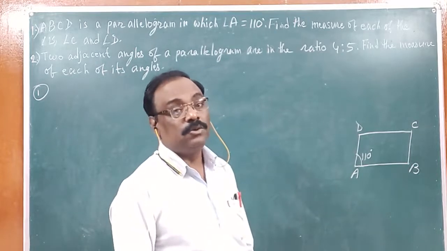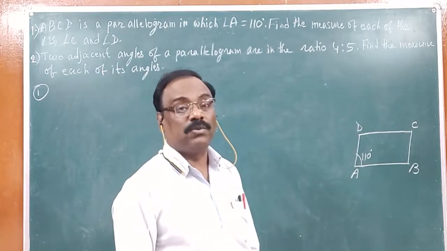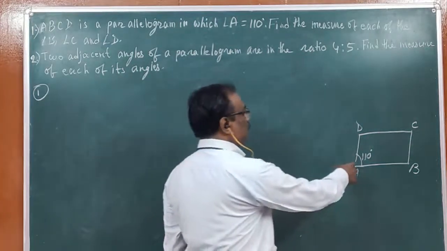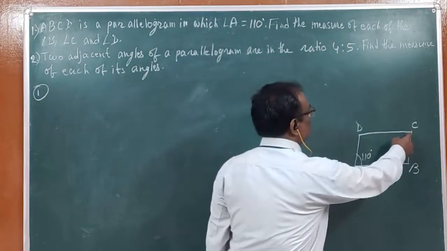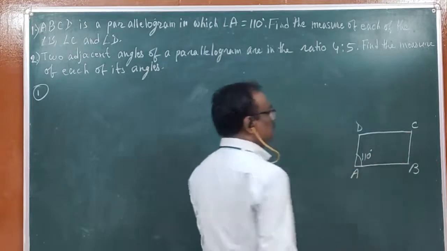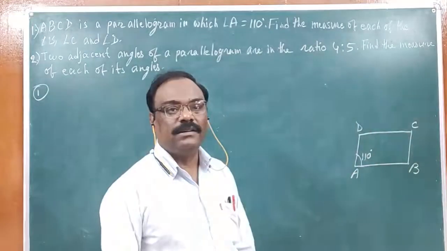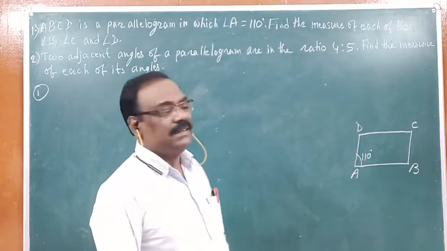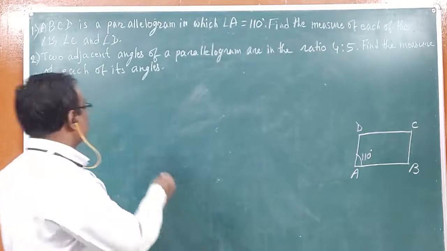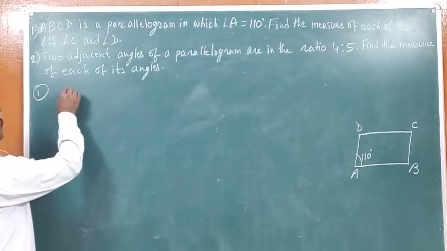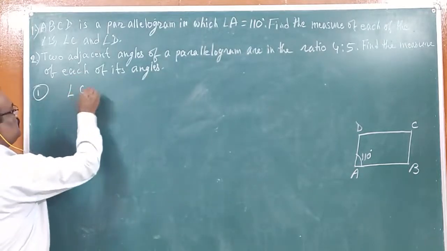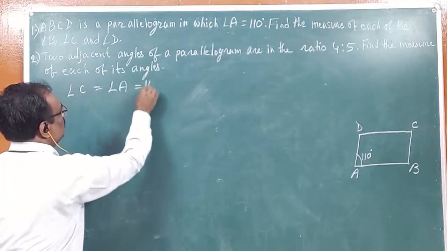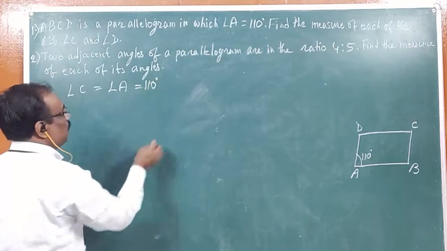So we know that the opposite angles of a parallelogram are equal. So angle A and angle C will be equal. That means if angle A is 110 degrees, angle C will also be 110 degrees. So we can write here that angle C is equal to angle A, that is equal to 110 degrees.